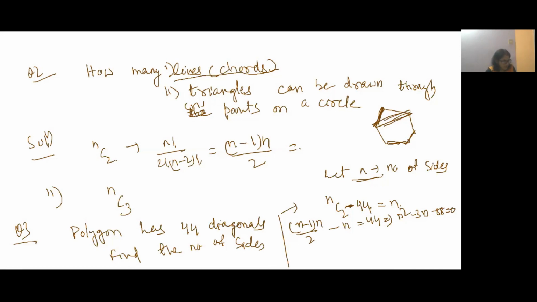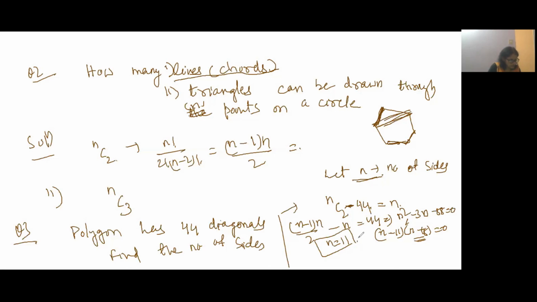So you can write here 11 and 8. Okay. So n minus 11, then you can write here n plus 8, that is equal to 0. But n equal to minus 8 is not possible. So n equal to 11. Okay.